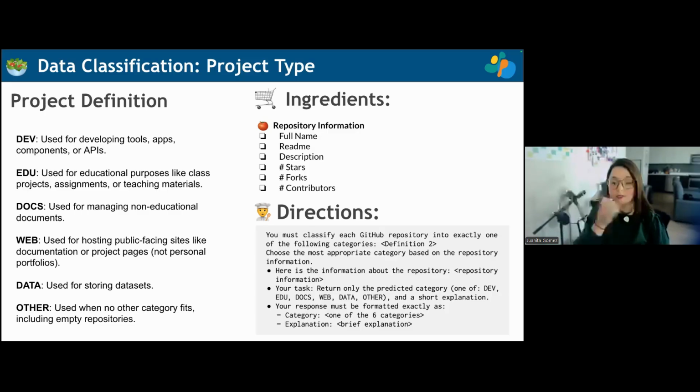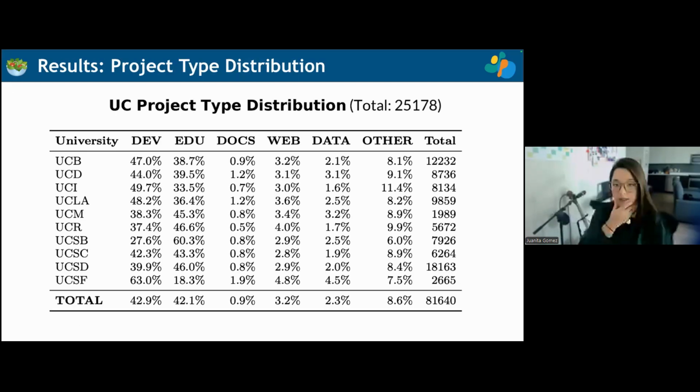I see that the total is wrong at the top, but it's actually 81,640 projects that I computed these predictions for, which are the ones that were predicted to be affiliated. So I only computed this for affiliated projects. This is a lot of information, but let's just take a look at some little things. The first one is that most of the projects are in the categories of development and education.